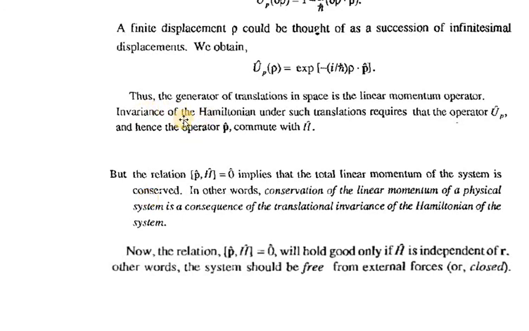The invariance of the Hamiltonian under such translation requires commutator pH equal to 0. In other words, conservation of the linear momentum of a physical system is a consequence of the translational invariance of the Hamiltonian of the system. Now the relation commutator pH equal to 0 will hold good only if H is independent of r. In other words, the system should be free from external force.